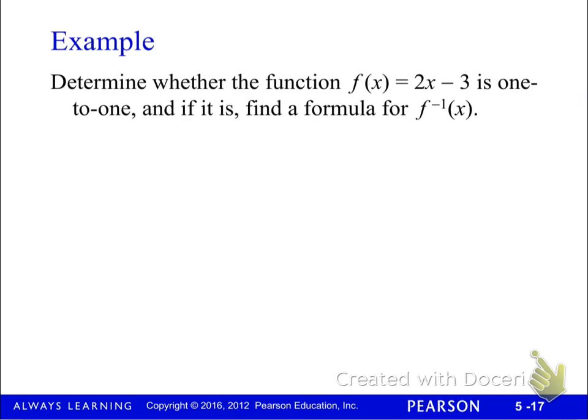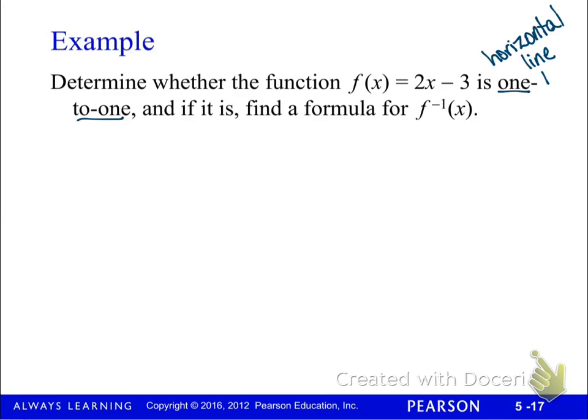Okay. So here, the first thing that we have to do is determine if the function f of x equals 2x minus 3 is a one-to-one function. And as you review how to determine if something is a one-to-one function, you will be using the horizontal line test.